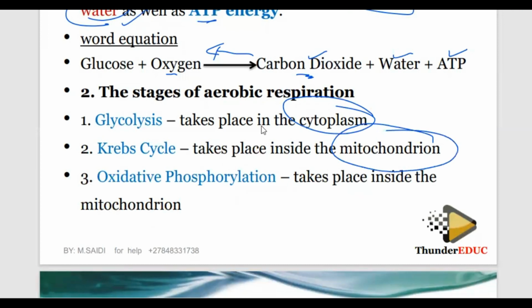We have to see exactly where in the mitochondrion it takes place. And oxidative phosphorylation takes place in the mitochondrion still. That's why I say that the first stage, glycolysis, occurs in the cytoplasm, while the other stages, Krebs cycle and oxidative phosphorylation, occur in the mitochondrion.